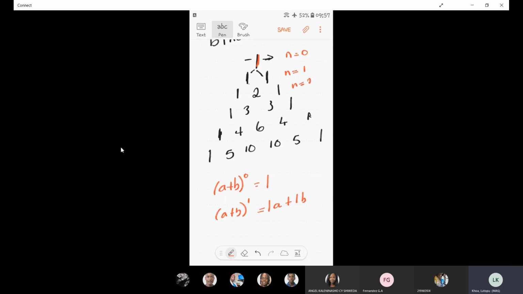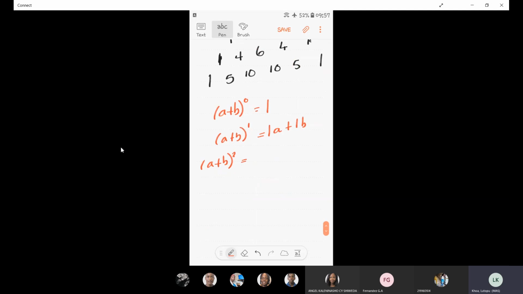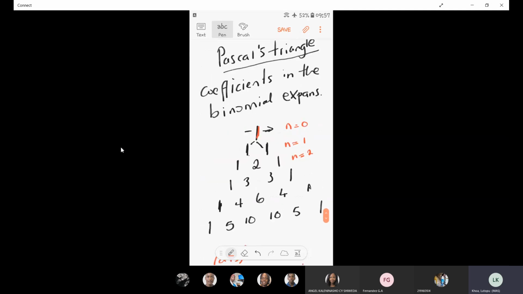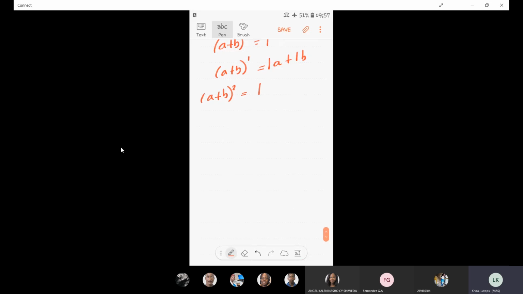This one is when n is equal to 2. So the way that works is I have a plus b to the power of 2. So I write down my coefficients. I look at my triangle, the coefficients are 1, 2, and 1. So I write 1, 2, and 1. Now what happens? Let me just write it below so I have enough space.